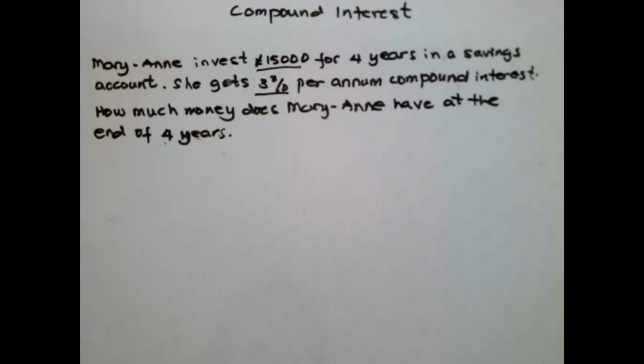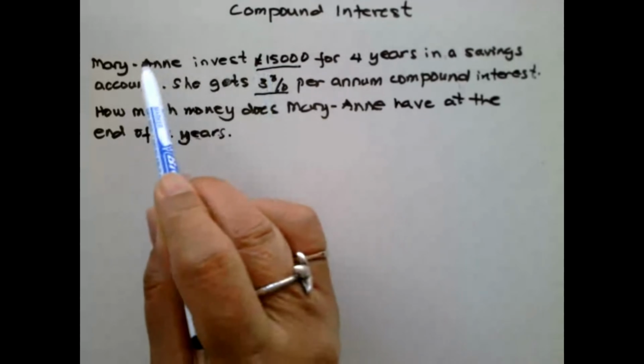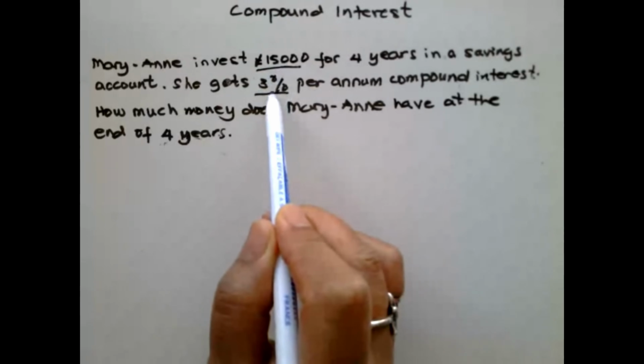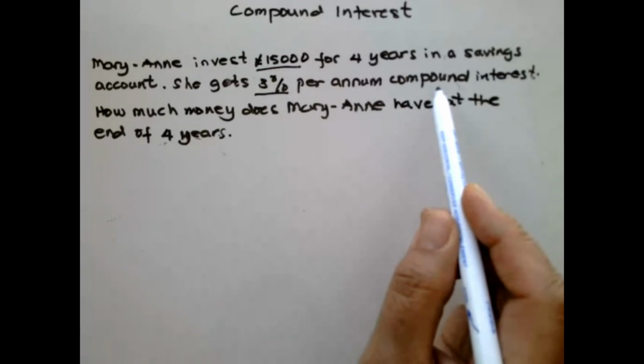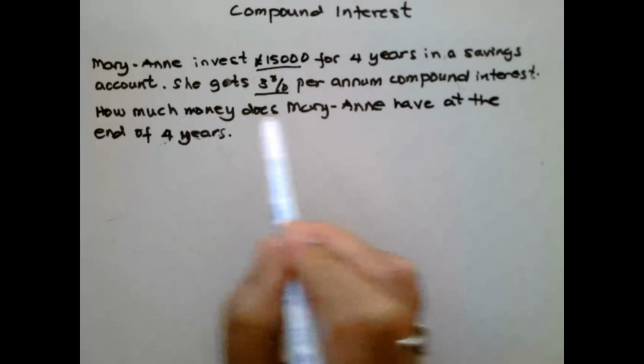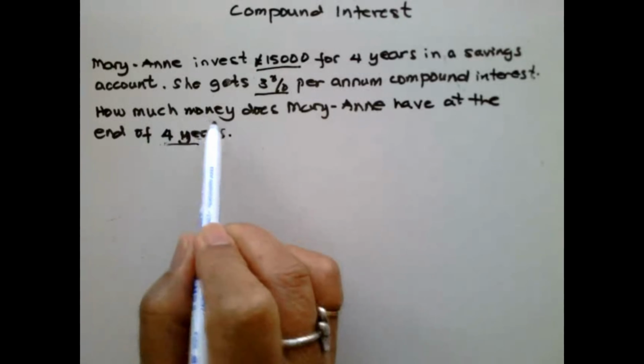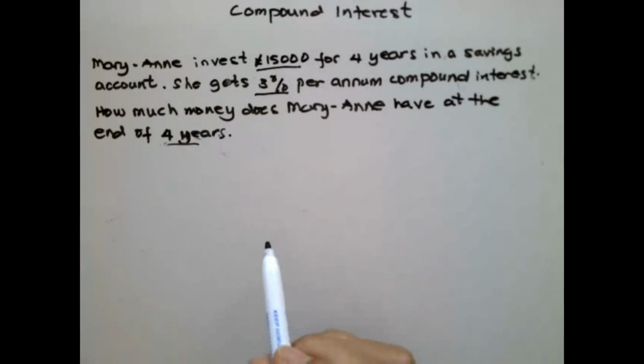How much money does Mary Ann have at the end of 4 years? So the initial money of Mary Ann is 15,000, and she gets 3% per annum compound interest. At the end of 4 years, we're going to calculate how much money she has in total.